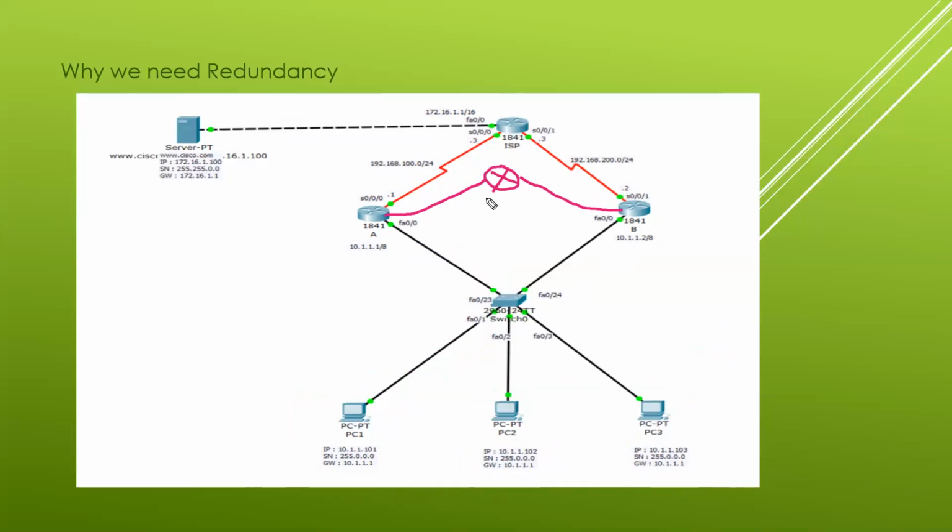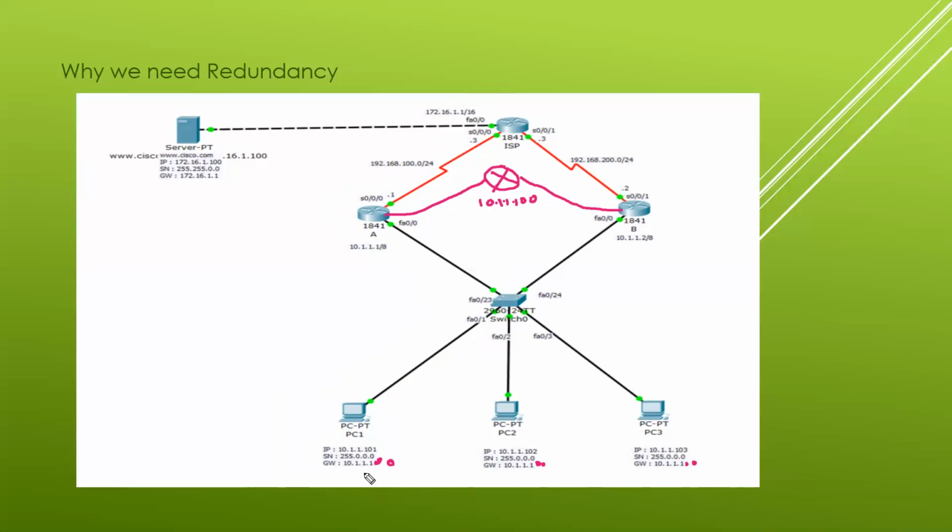We are going to assign an IP, 10.1.1.100, and bind them to a virtual IP. Then we are going to change the gateway here as 100, and here also the same, 100.